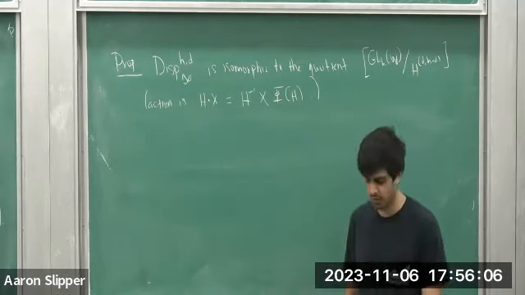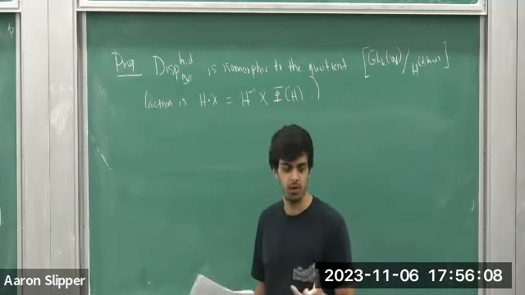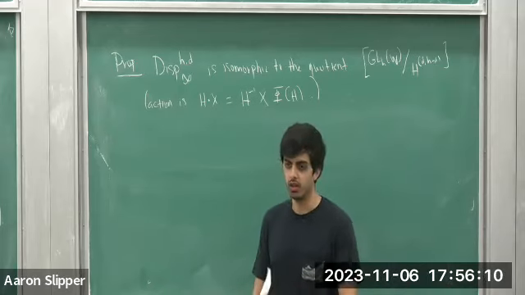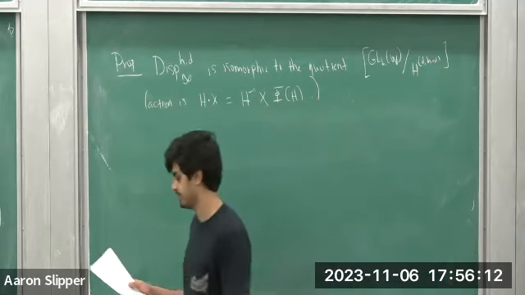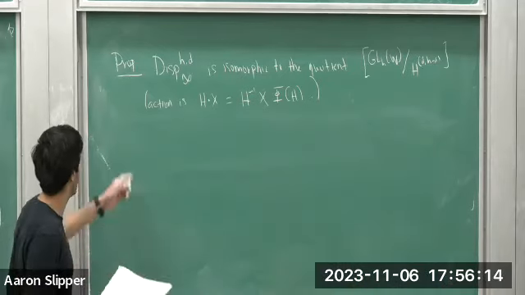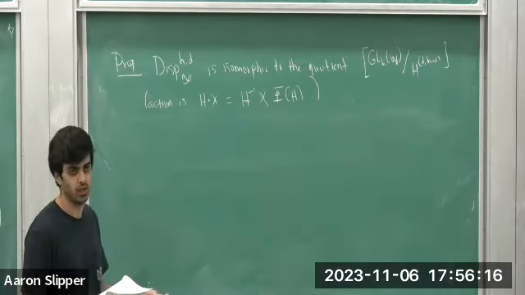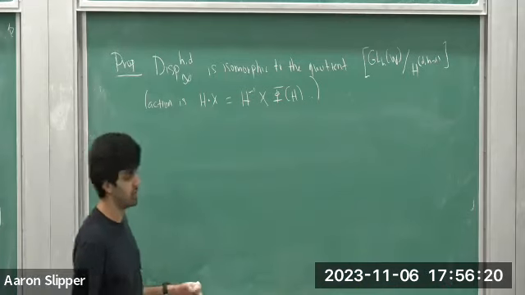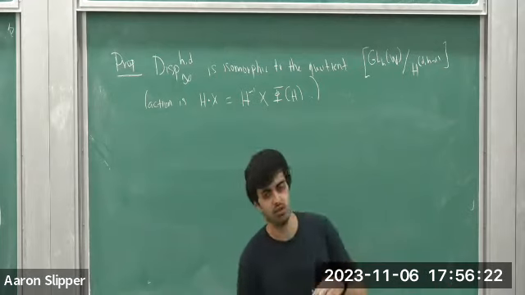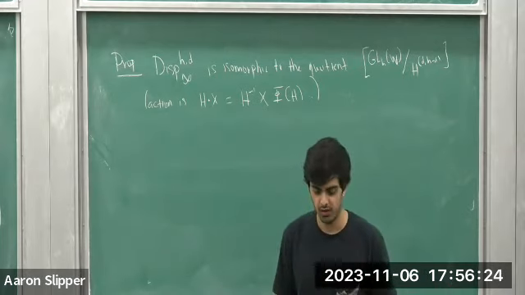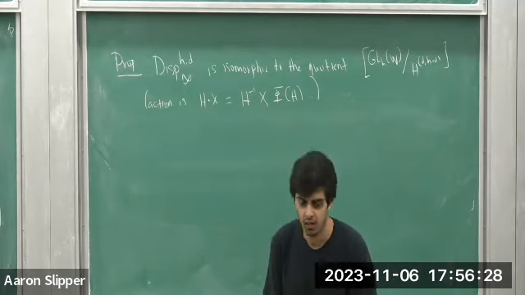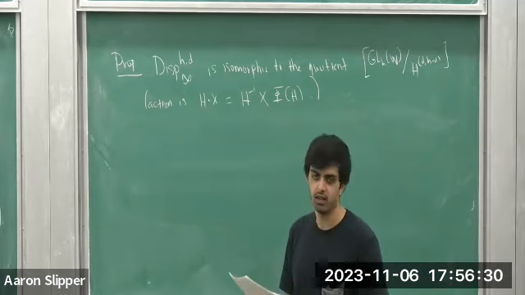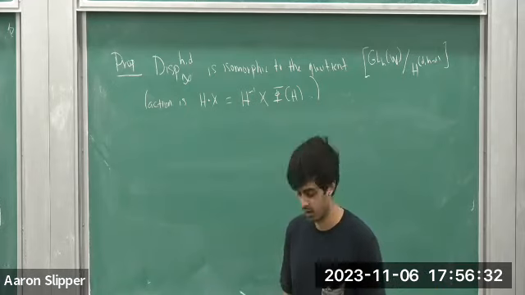Okay, so now we'll talk about the case of truncated displays, which will be associated to truncated Barsotti-Tate groups. The notion of truncated display has a definition in terms of W_n modules with some extra data, defined in one of these papers of Lau, which I'll give a reference to at the end.